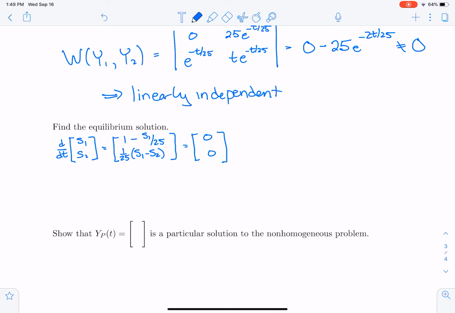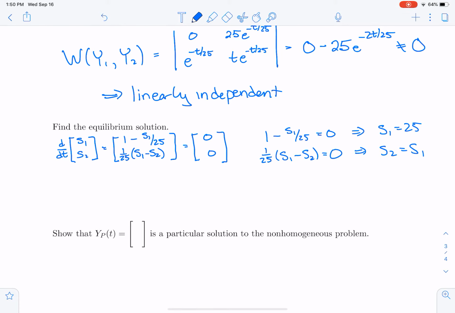Then the first equation says that 1 minus S1 over 25 is equal to 0. And the second equation tells me that 1 over 25 times S1 minus S2 is equal to 0. The first equation says that S1 must be 25, and the second equation says that S2 must be S1.